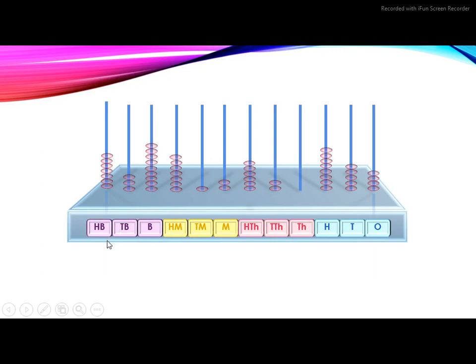Now let's write the number for each place value.